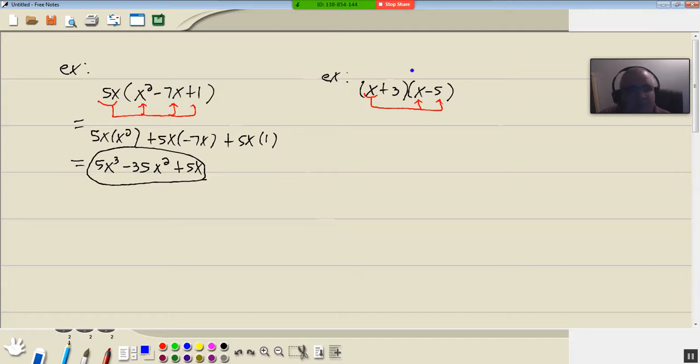Then we'll take our second term, the 3, and we'll multiply it times each term in our second set of parentheses. So I have x times x. I have x times negative 5. I have 3 times x. And I have 3 times negative 5.